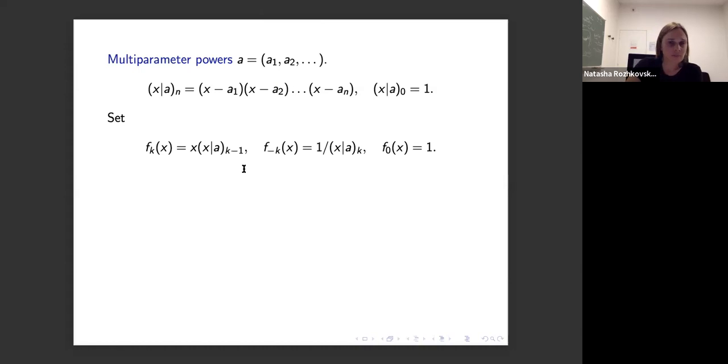Another typical situation is where instead of a power of x, we look at a power of x shifted by a sequence. So we take a sequence of numbers, a1, a2, and so on. And instead of x to the power n, we write down this polynomial where each time we shift by an element of the sequence. It's called the multi-parameter power of x.